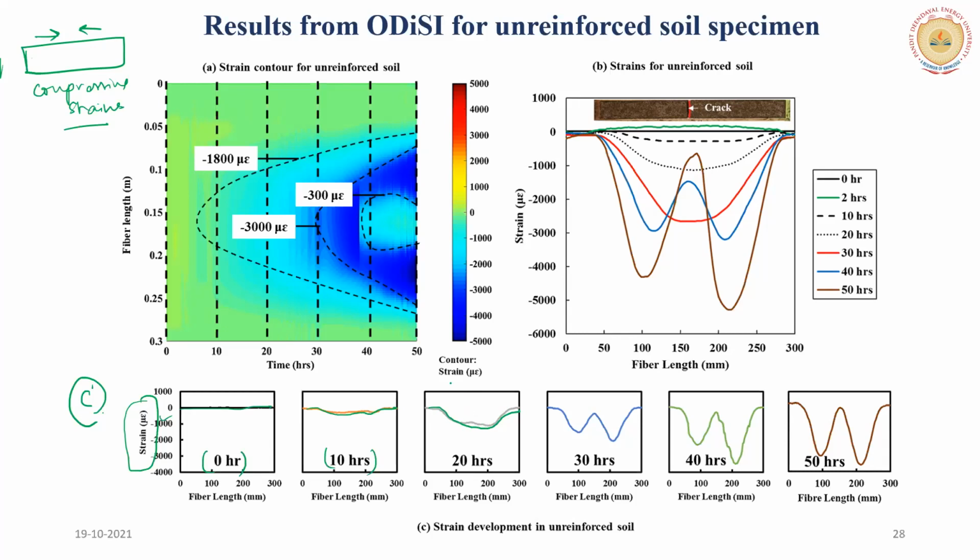The soil will keep on shrinking, and at a point, this shrinkage is going to develop large tensile stresses in the body, right? It will keep on shrinking like a beam, right? There will be large tensile forces developed. So as soon as these tensile forces exceed the tensile strength of the soil, there will be a crack.